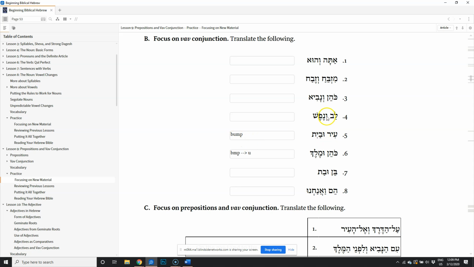But you can remember this shift from Vav Shva to Shureq with what we call the bump rule. I think Futato discusses this in the chapter. And bump rule is a good way to remember it. You just take the U and bump, bring it over here. Anytime you have a Vav before bet, mem, or pei, it's going to turn into an oo sound. So it's going to turn into that Shureq. So uvayit.